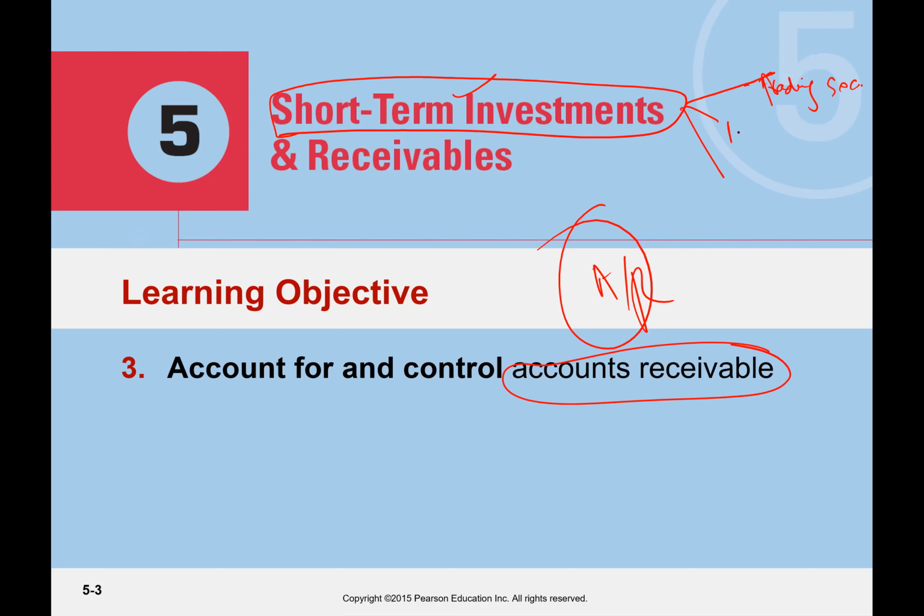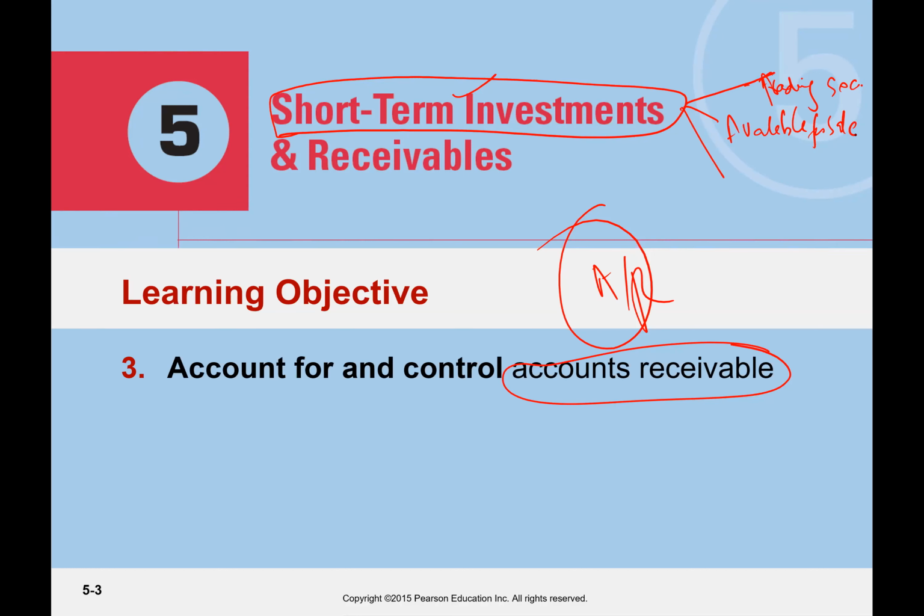Number two is available for sale. The purpose of available for sale is that we purchase a company's shares and we keep it for a short period of time, and then we sell it after that. For example, after 1 week, 2 weeks, 3 weeks, 1 month, 2 months, 3 months, but less than 1 year.